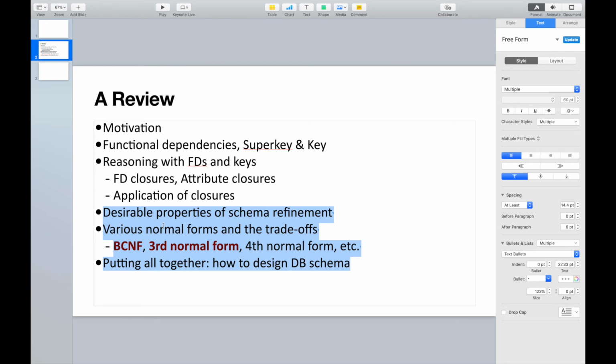We will describe the desired properties for relation refinement, and we will talk about several normal forms which are necessary for our relation refinement, and discuss the trade-offs of these different normal forms. To be specific, we will discuss the BC normal form, the third normal form, and briefly mention the fourth normal form. We will discuss how to put them together to design the database schema or relations.